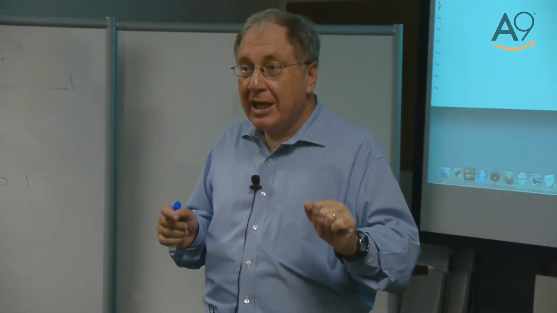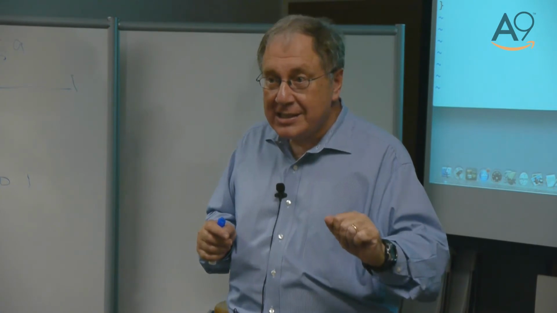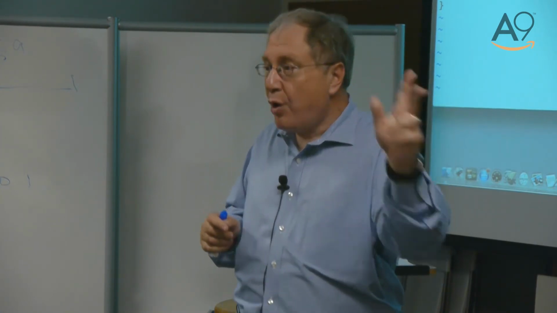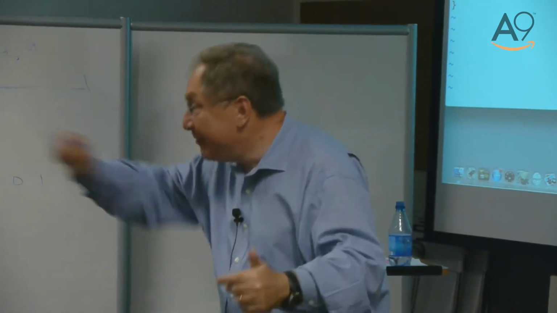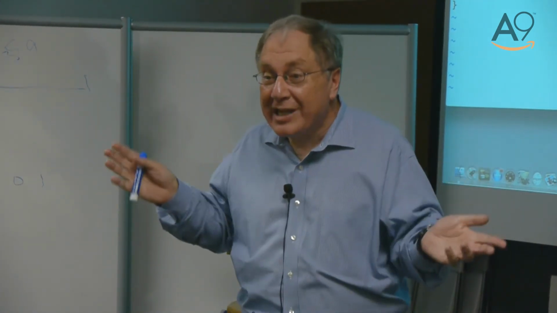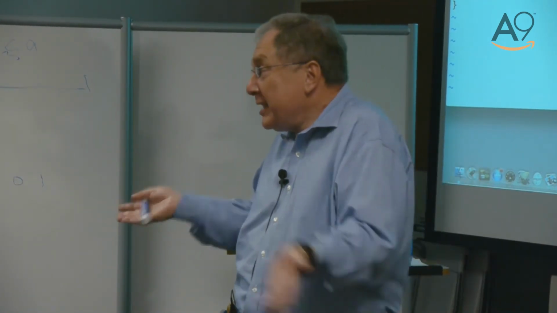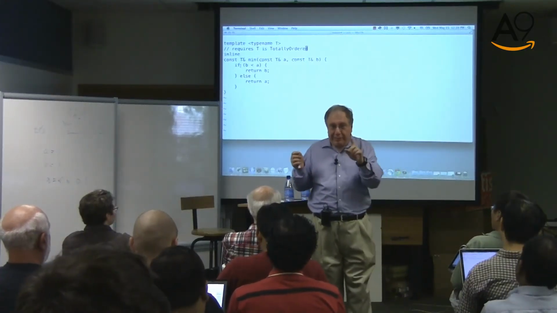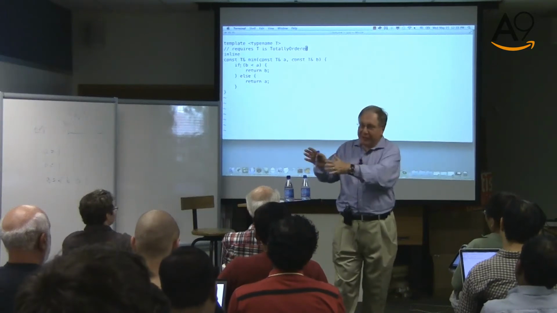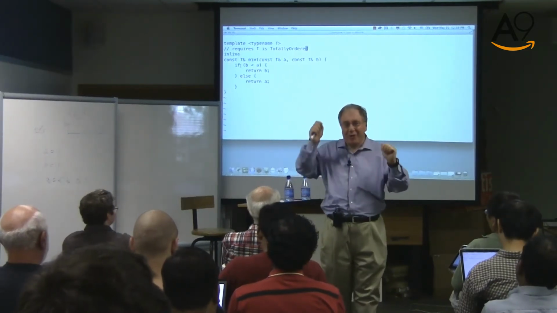In weak ordering, it says it's greater or less or equivalent. There's some equivalence relation, same last name. It's an equivalence relation. Of course, you need to know what an equivalence relation is, but I'm not going there. You have to figure that out on your own.